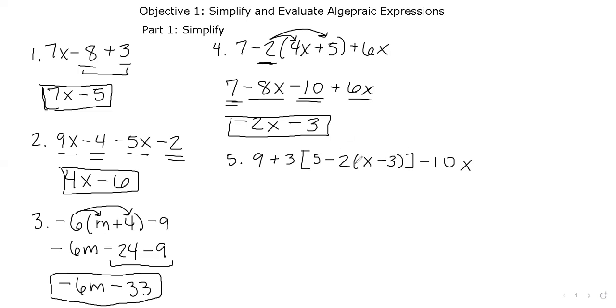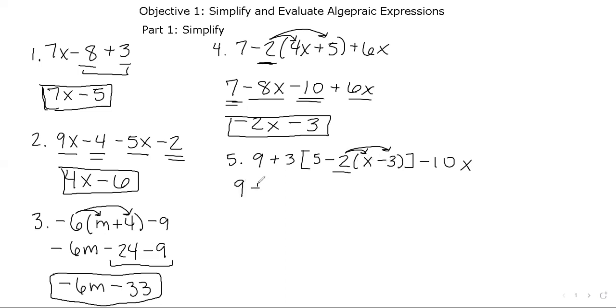So we're going to start with this negative 2, and we're going to distribute it to the x and that negative 3. So pretty much everything is going to be brought down except for this negative 2 times x minus 3.